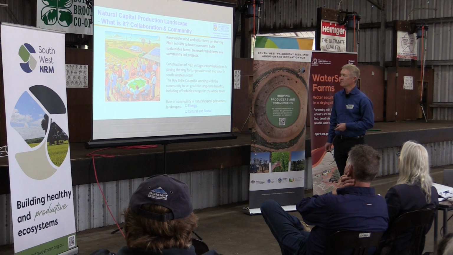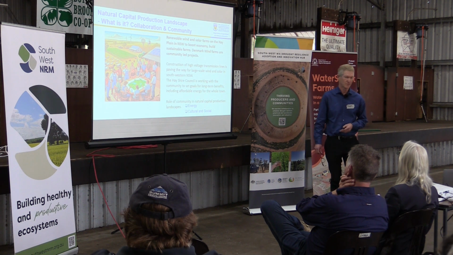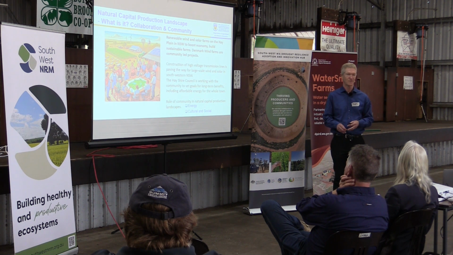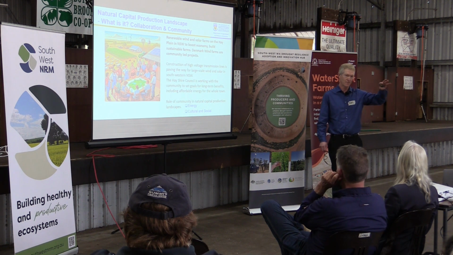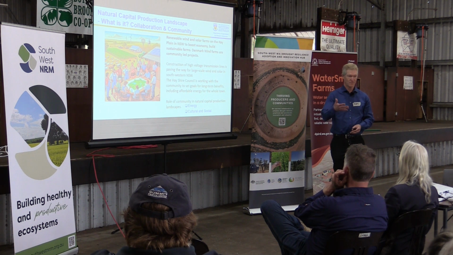A couple of examples just to make it tangible is the example of Hay in New South Wales, which is a town that's now going to be entirely powered by renewable energy, and the farmers around that town have been engaged as a community project to basically hold the solar and the wind resources to enable that to happen.